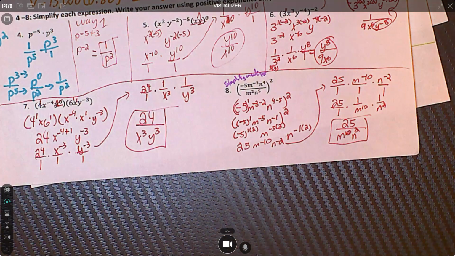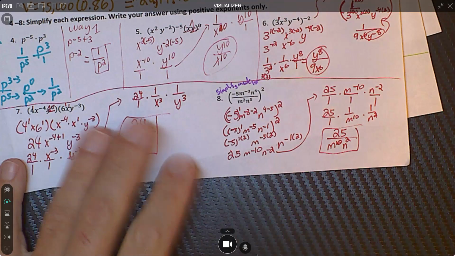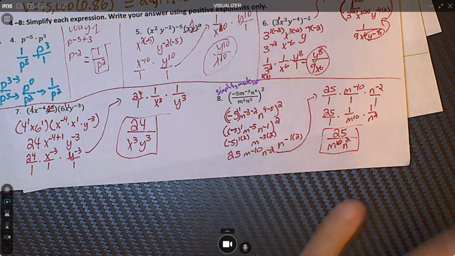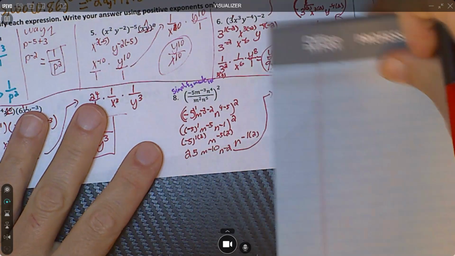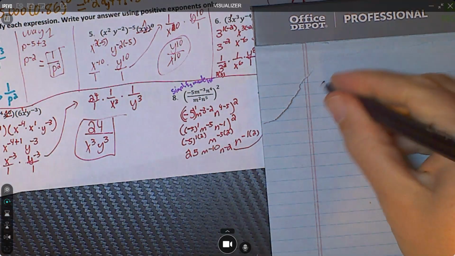Okay, if you wanted an alternate strategy, if you wanted to do it a different way, you could do it this way. Let's go back to the original.